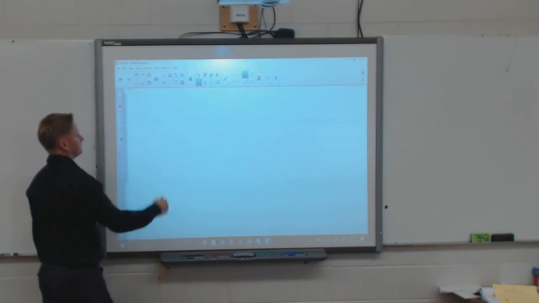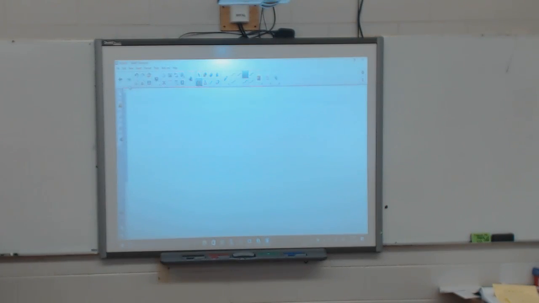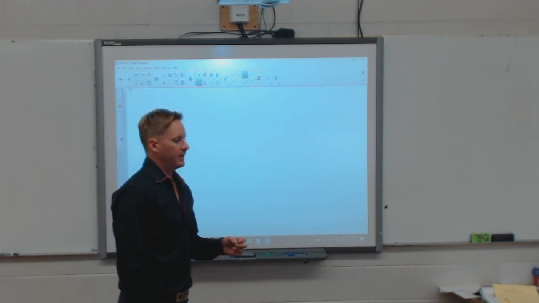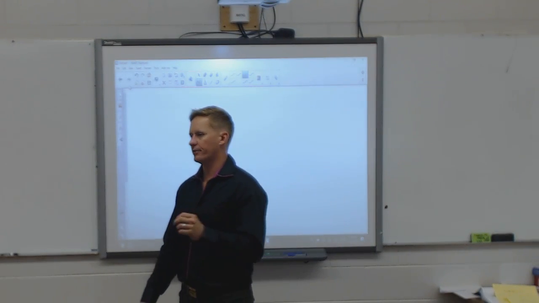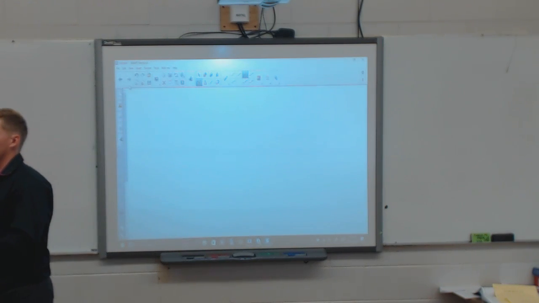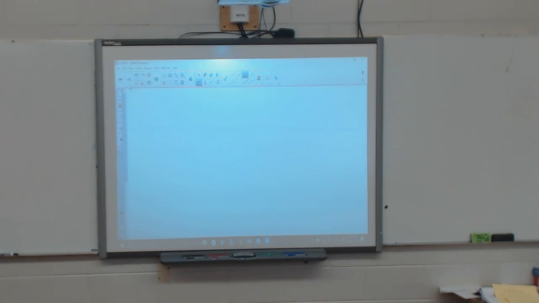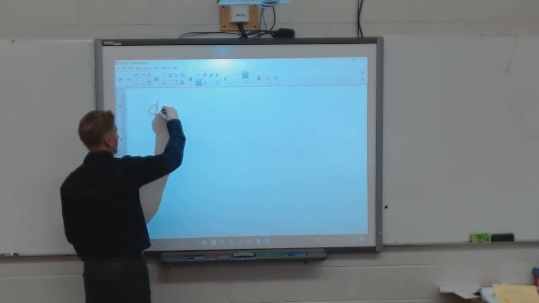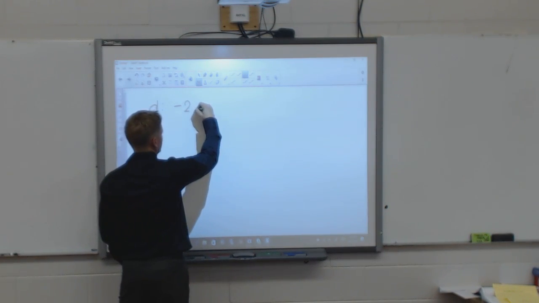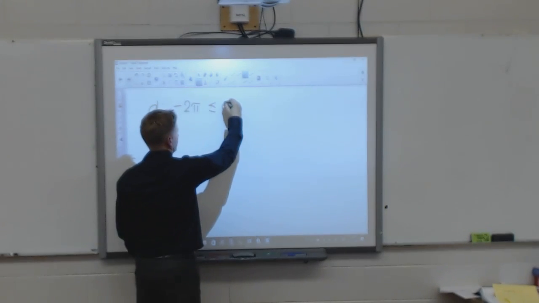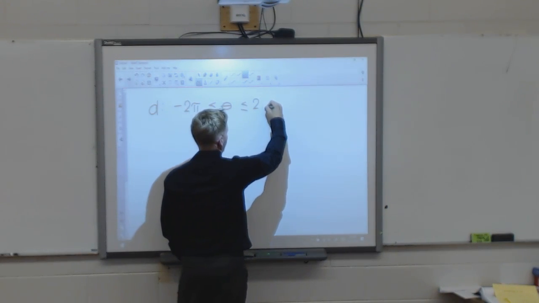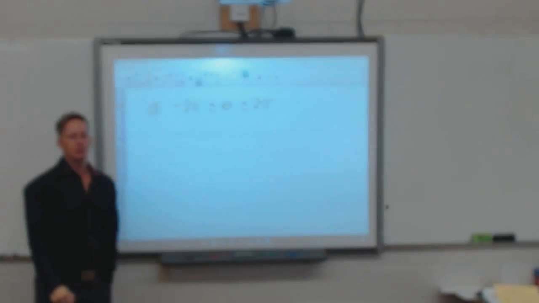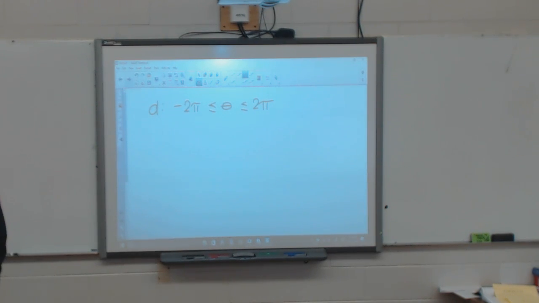One last thing. One of the things that they will do when it comes to this provincial exam, they will tell you exactly what they're looking for in terms of their solution, whether it's in degrees or radians. So if they give you a domain that looks something like this, minus 2 pi less than or equal to theta less than or equal to 2 pi, that means your solution has to be in radians.